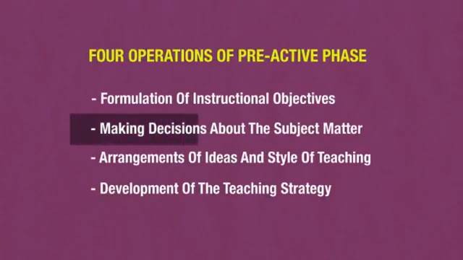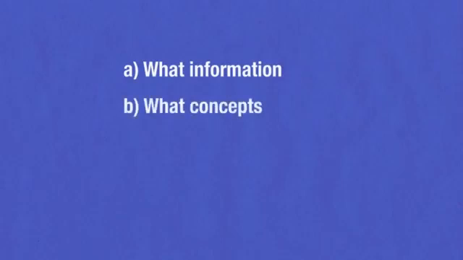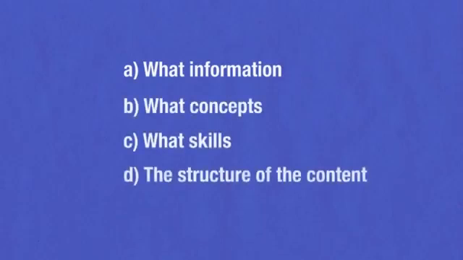The second operation is making decisions about the subject matter. After determining the objective, the subject matter through which these objectives will be realized is selected. It includes 4 main decisions: what information, what concepts, what skills, and the structure of the content.